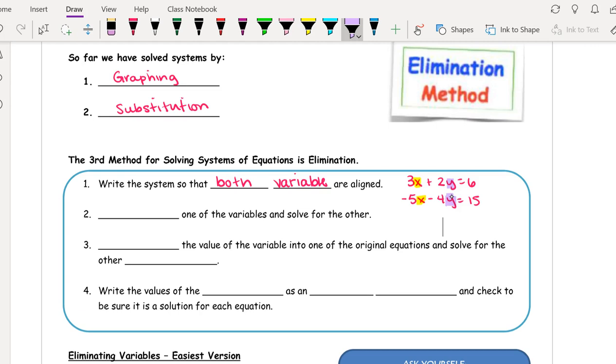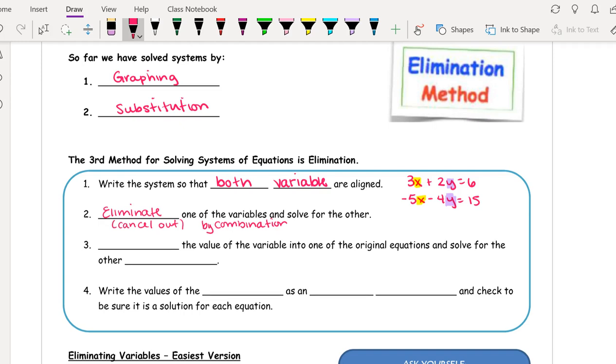Second thing is that we want to eliminate, that's why it's called the elimination method, one of the variables and solve for the other. Another way of saying it is to cancel out. And we're going to do that using combination. So we're going to combine two equations together.